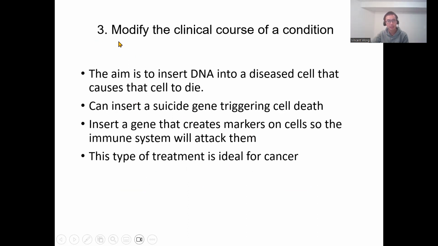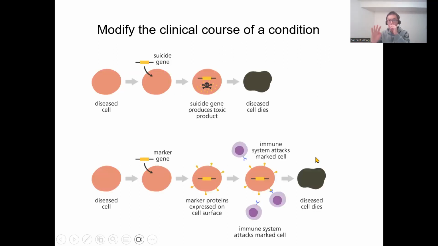And then number three is modify the clinical course of a condition. Right. So the aim here is to introduce. There are two kinds. I'll just show you the picture. It's easier. There are two kinds of way we can modify the clinical course. And again, this is ideal for things like cancer. Number one, we can introduce a suicide gene.